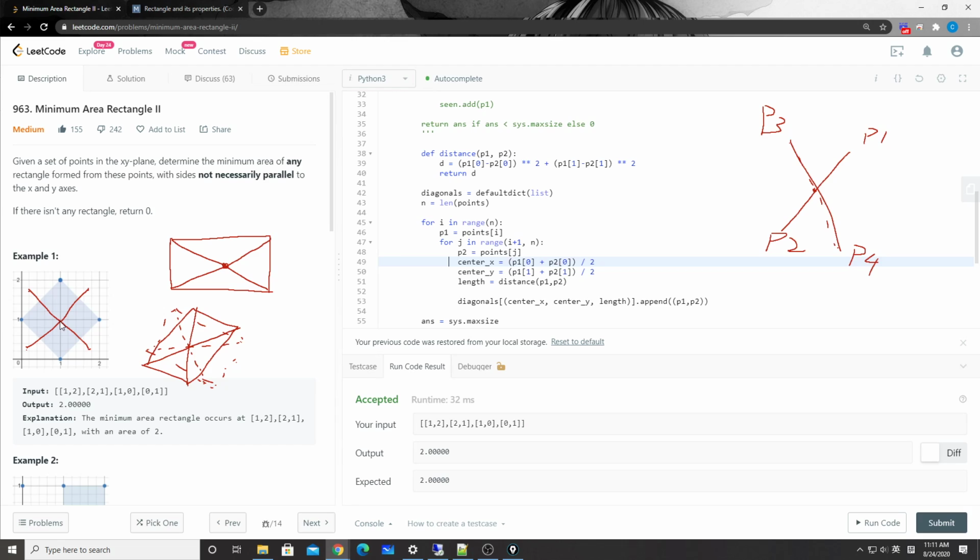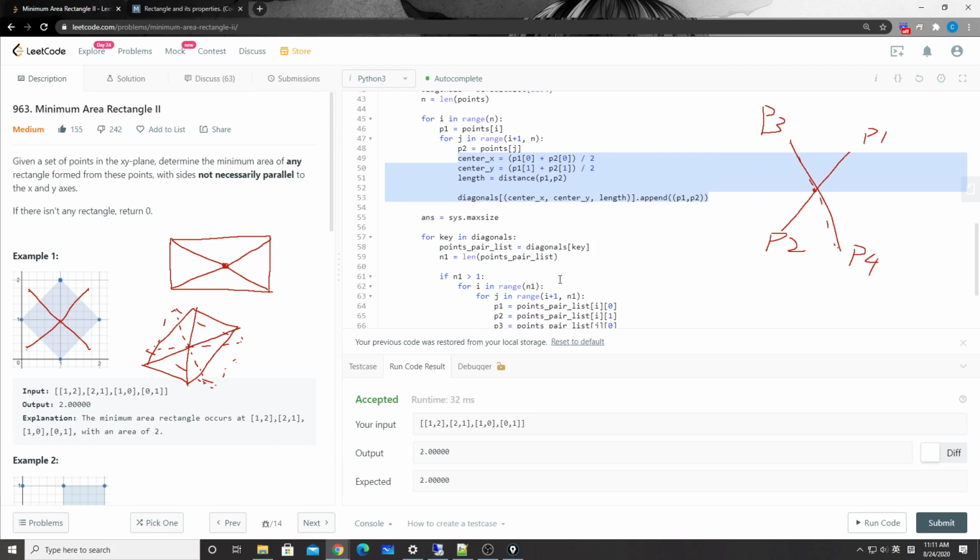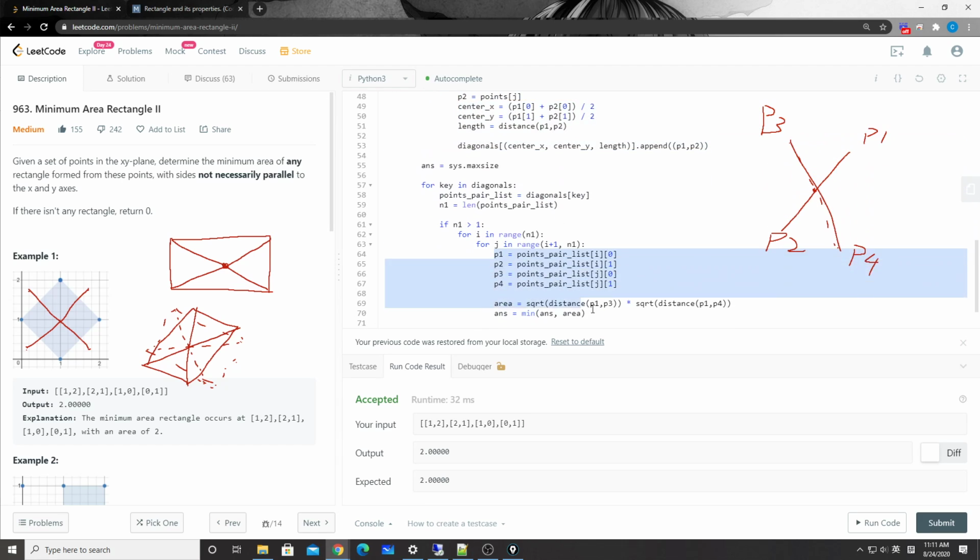Basically, we use the diagonal lines to fix the 2 points, and with the same diagonal lines, we know those two pairs can form a rectangle, which is much faster.